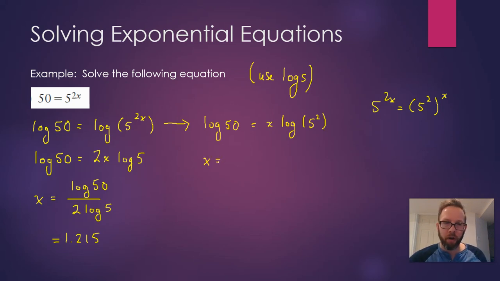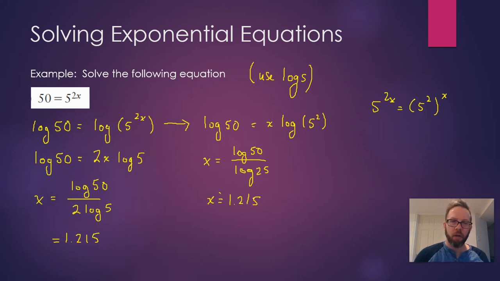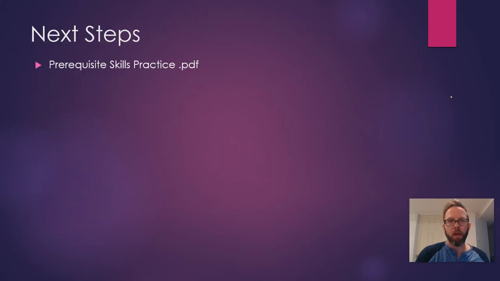So you also could have done log 50 divided by log 25, and maybe got there a shade quicker, but it gives you the same result, about 1.215. So we do have the skills to solve exponential equations when the bases can't be matched up. We use logarithms. All right.